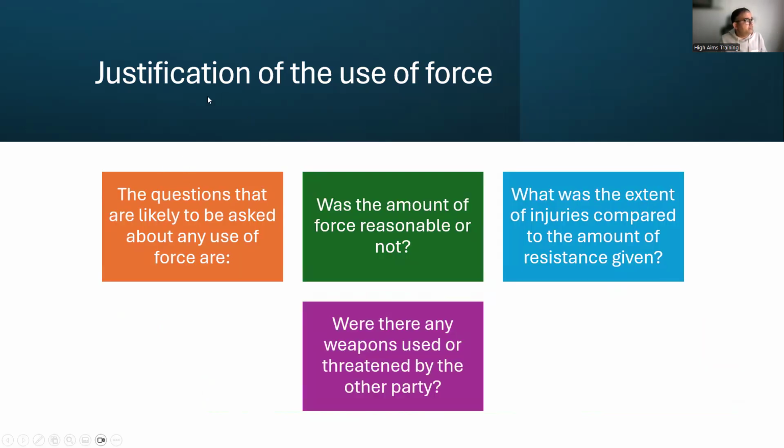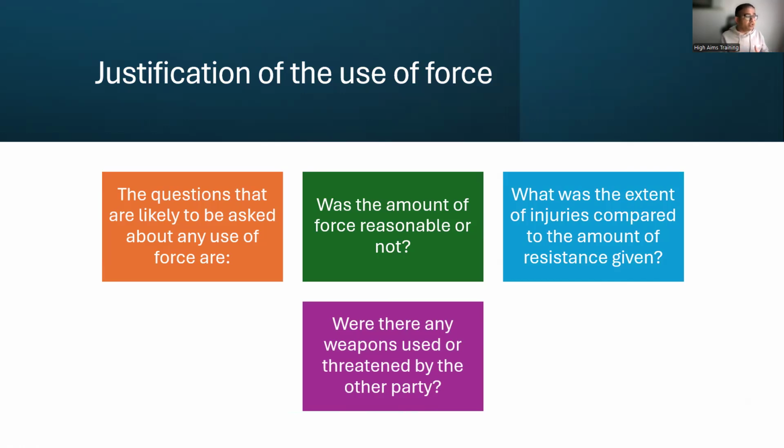Now, again, justification of the use of force. The questions that are likely to be asked about any use of force: was the amount of force reasonable or not? We've done that. What was the extent of injuries compared to the amount of resistance given? So let's say somebody is giving little resistance, but they've got too many injuries. It means the door supervisor or any other person has used excessive force.